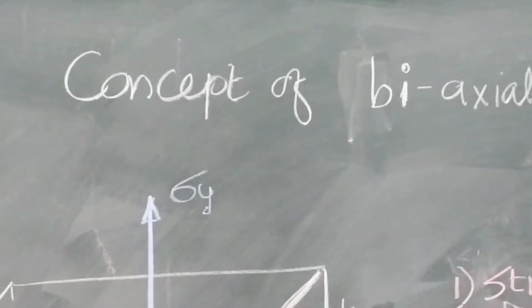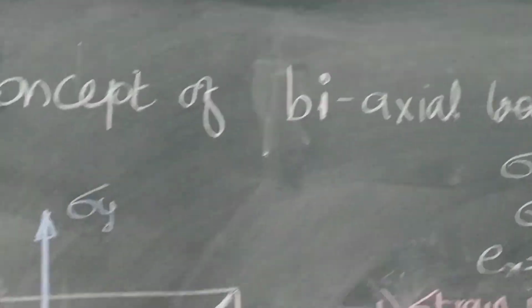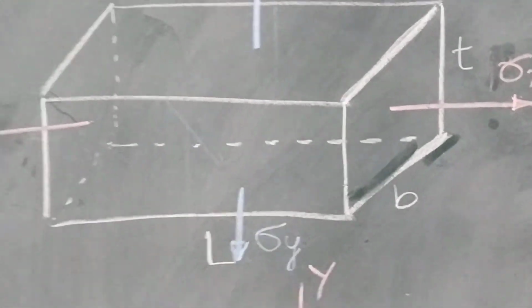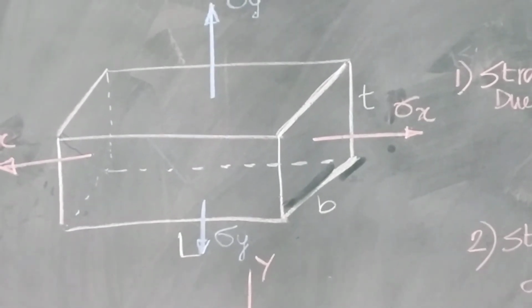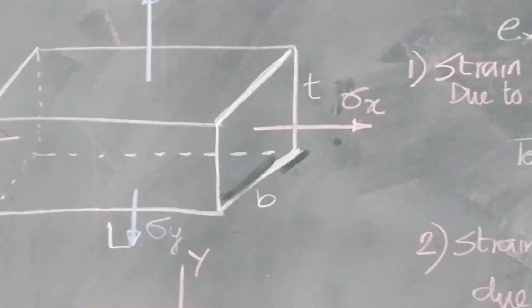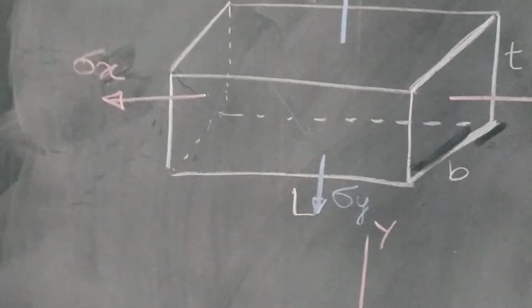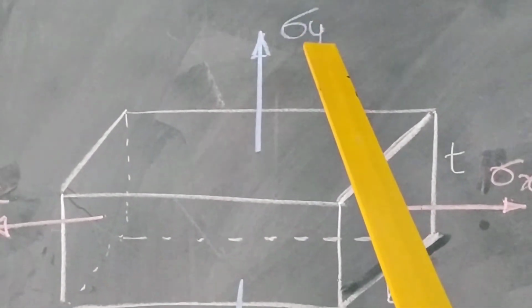Now let us study the concept of biaxial loading. Bi means 2. Here we are observing this box is subjected to 2 axial forces, that means biaxial loading, one in x direction and another in y direction.